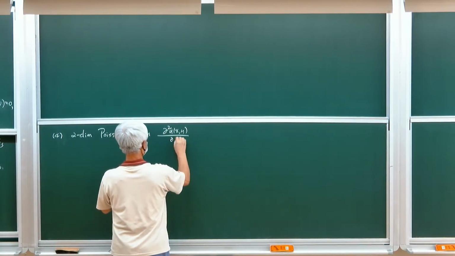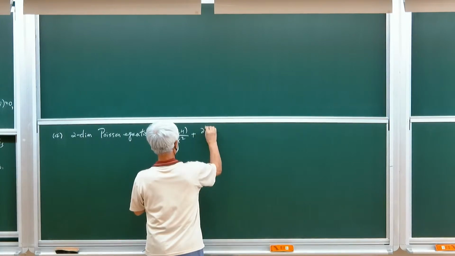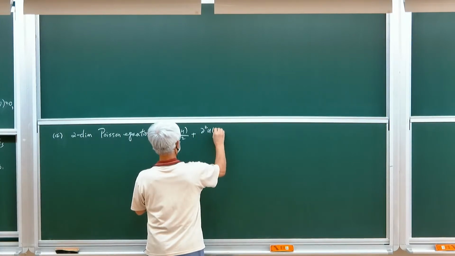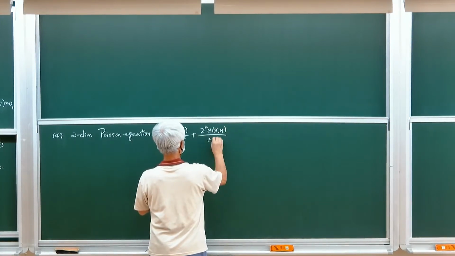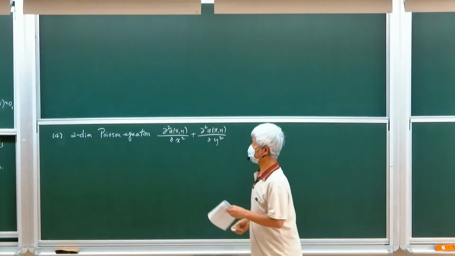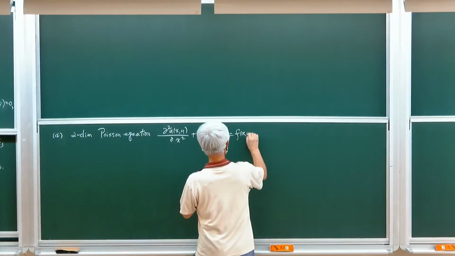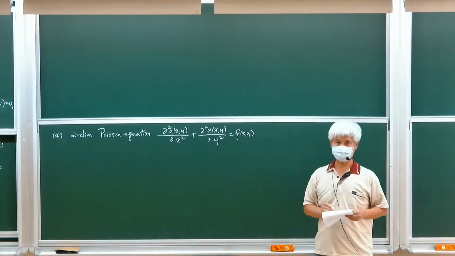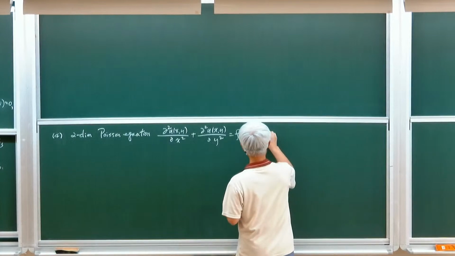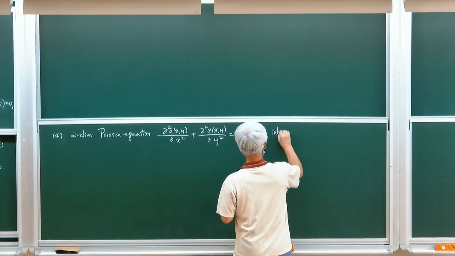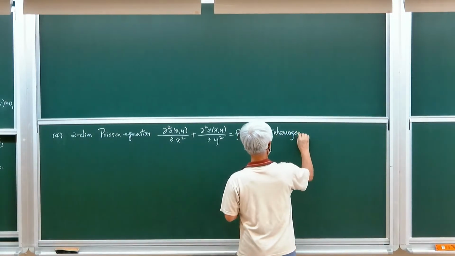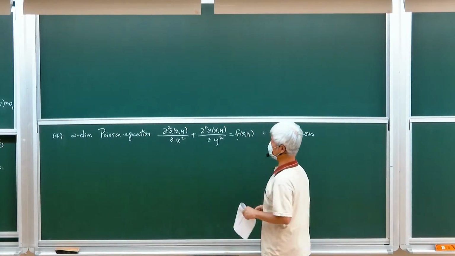Basically, it is very similar to the Laplace equation, but it is inhomogeneous because it has f(x,y). Okay, so it is inhomogeneous.